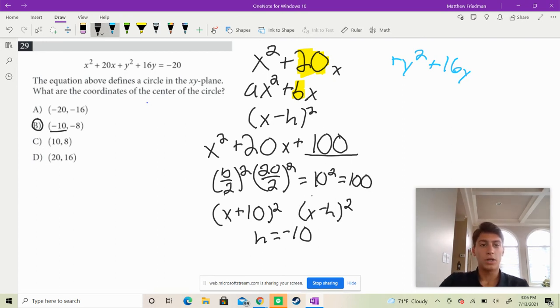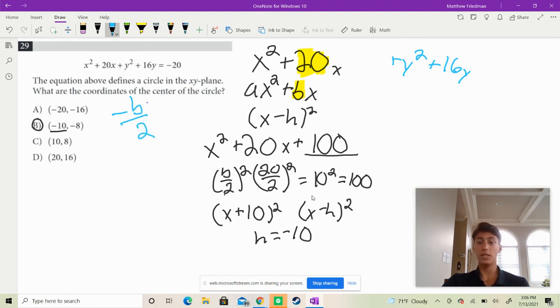Remember that b is the number next to the x, or next to the single y. If you can identify b every time, then you can use this shortcut. The coordinate is negative b over 2.